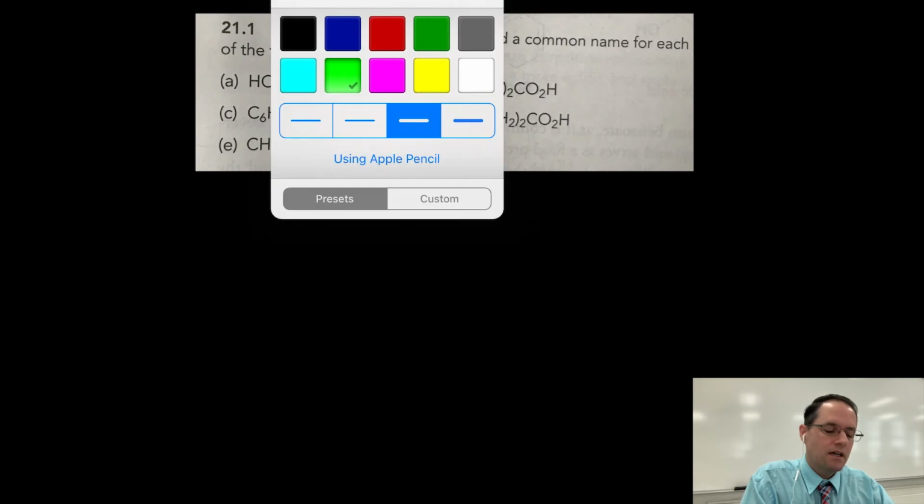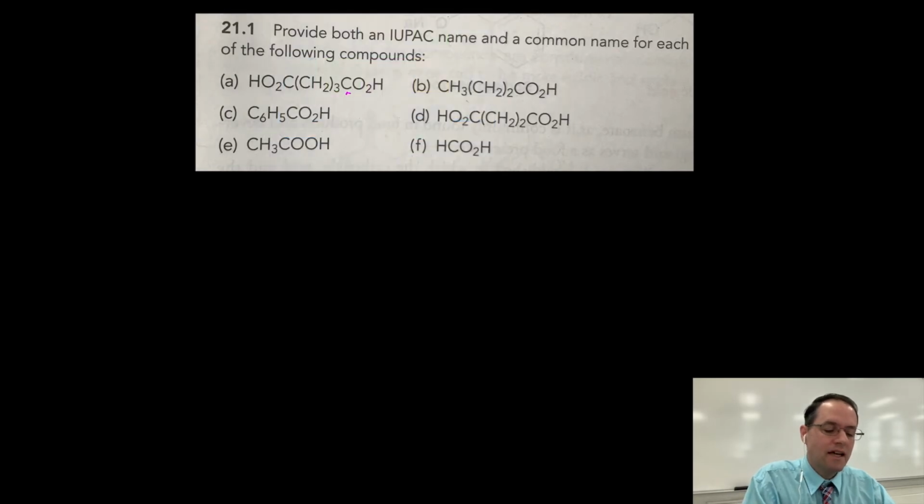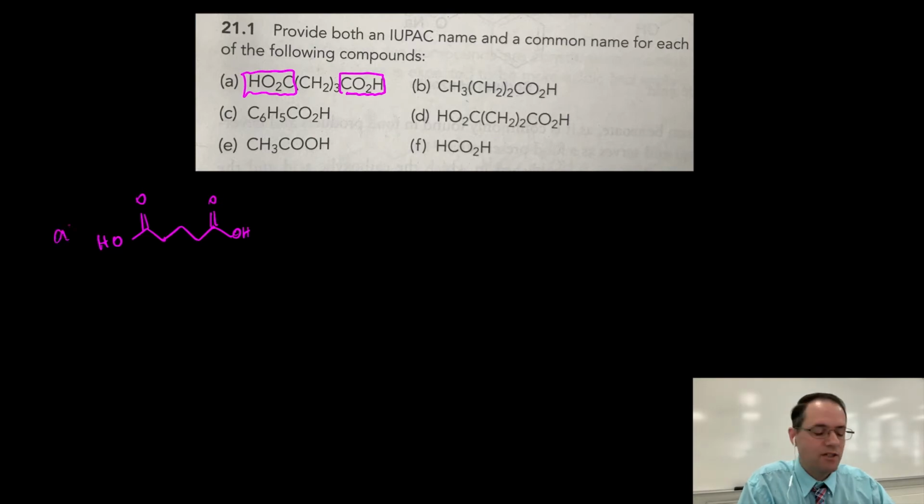So keep in mind that the carboxylic acid group is sometimes written as CO2H, okay? And we've already named this one here. So this guy here has 5 total carbons. And we called that pentane dioic acid.